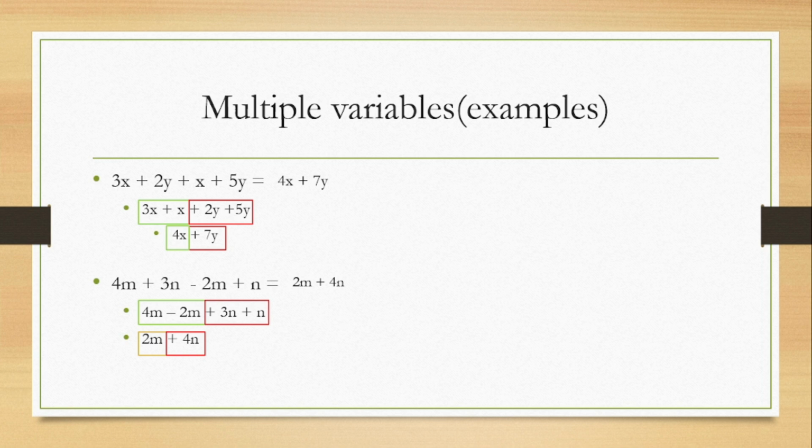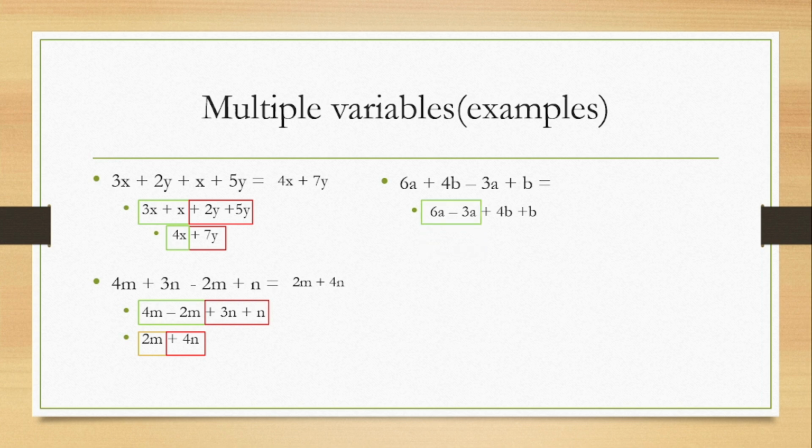2m plus 4n, right? So as for our last example, 6a plus 4b minus 3a plus b. I don't need to explain this much further, right? Collect the ones that match. We have to collect the ones that carry the same variables with the same exponents. 6a minus 3a, right?